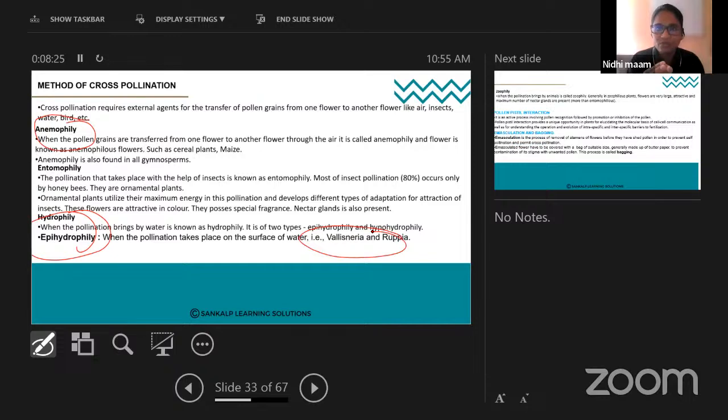So very nice it is. In Vallisneria, the pollen grains are released in the water. So through the water currents the pollen grains will reach the stigma.